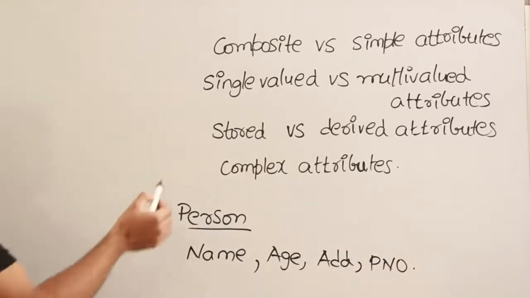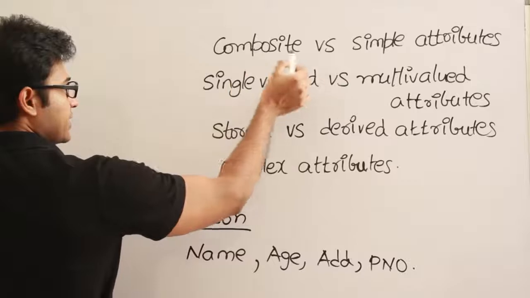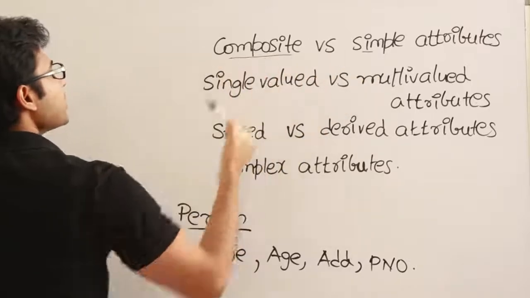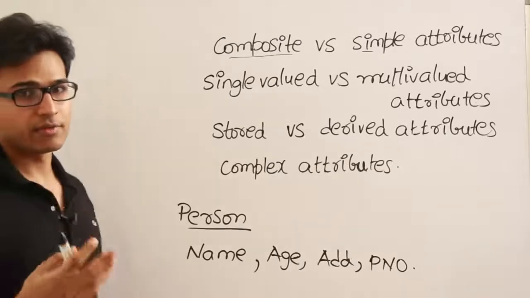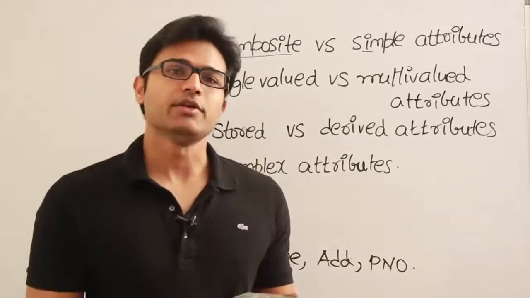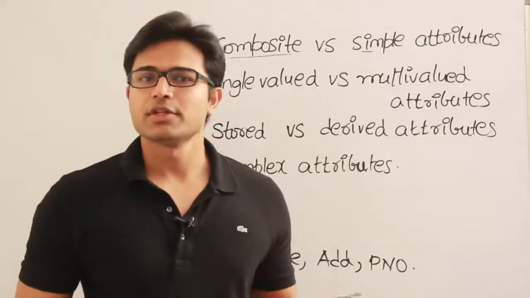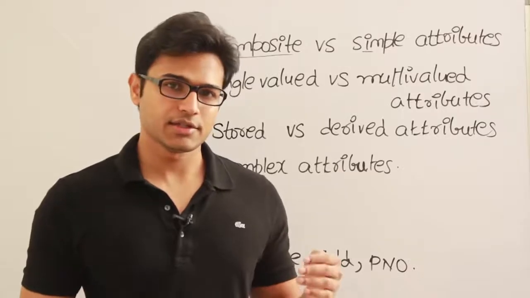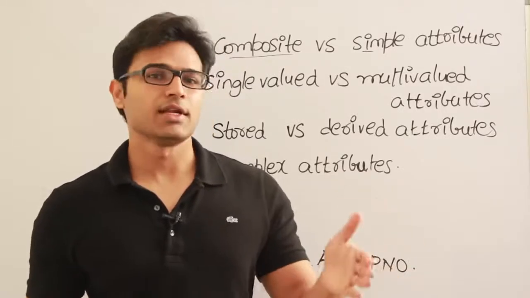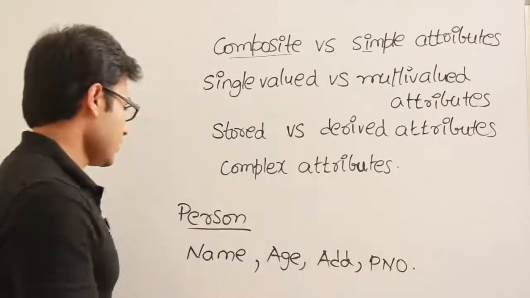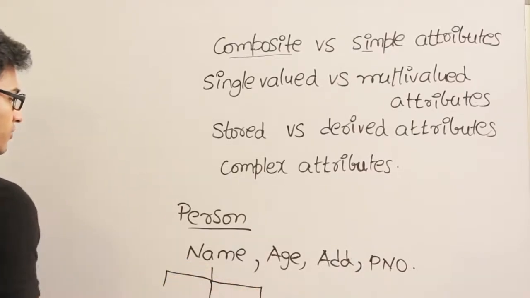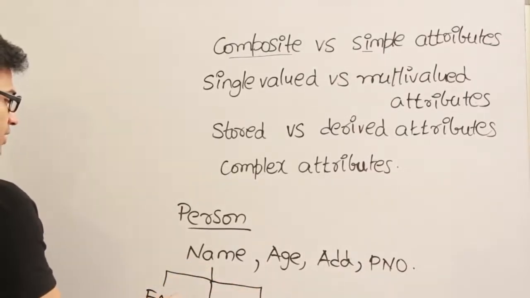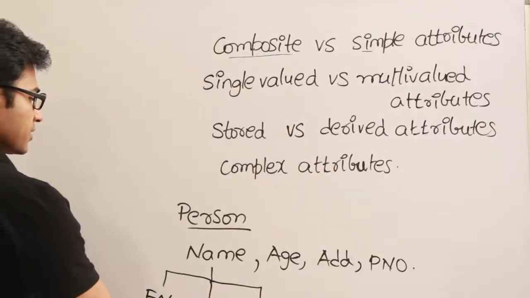Now let's see what it means. First, we can classify attributes as simple attributes and composite attributes. Simple means it cannot be divided further. Composite means it can be divided further. For example, if you take name, we can divide it further. You can say a person has first name, middle name, last name, right? So even name can be divided, composed of three: first name, middle name, and last name.